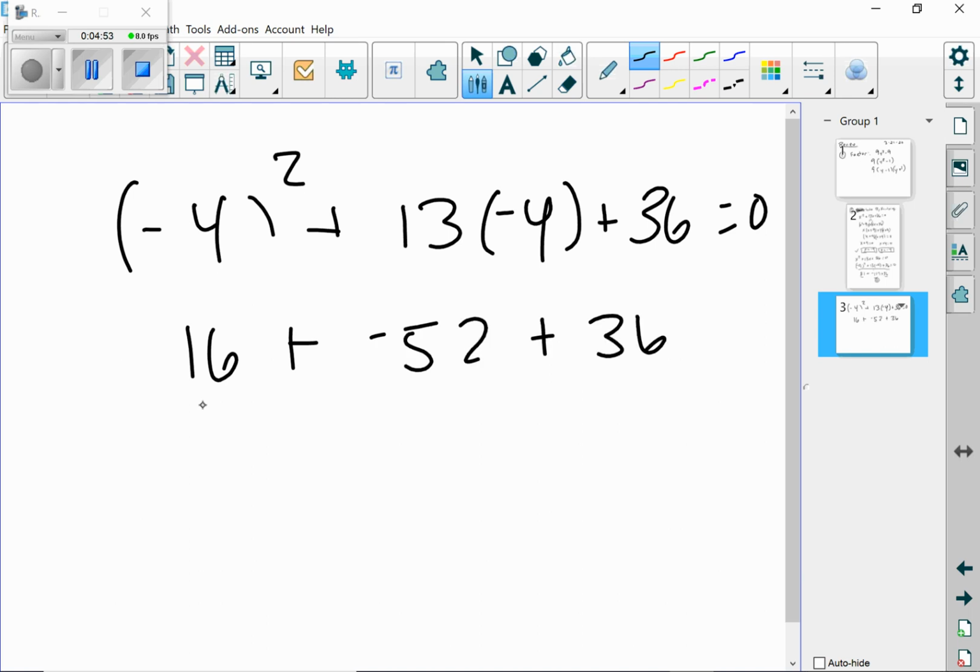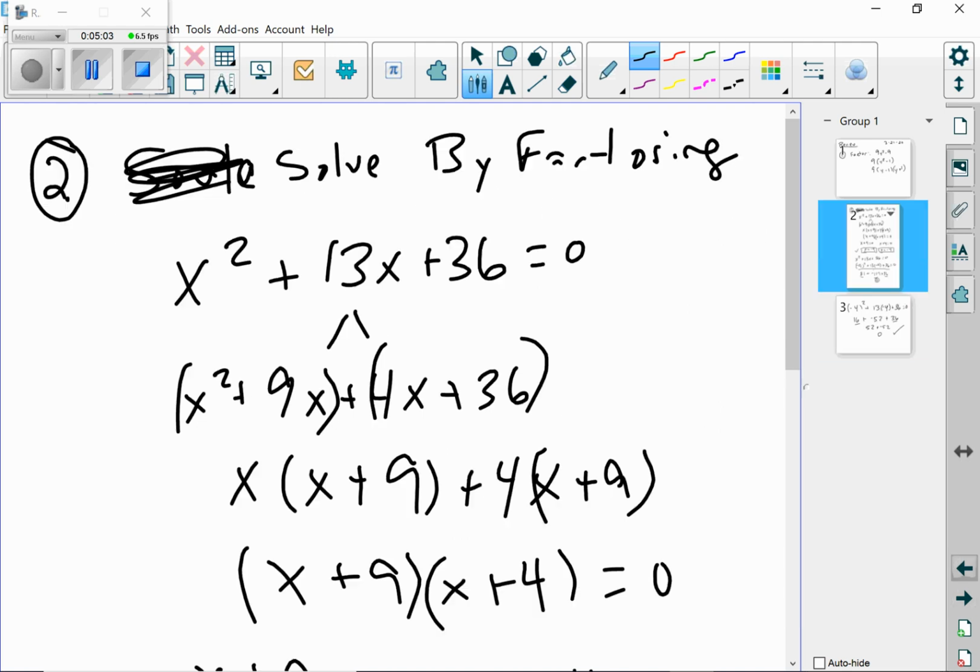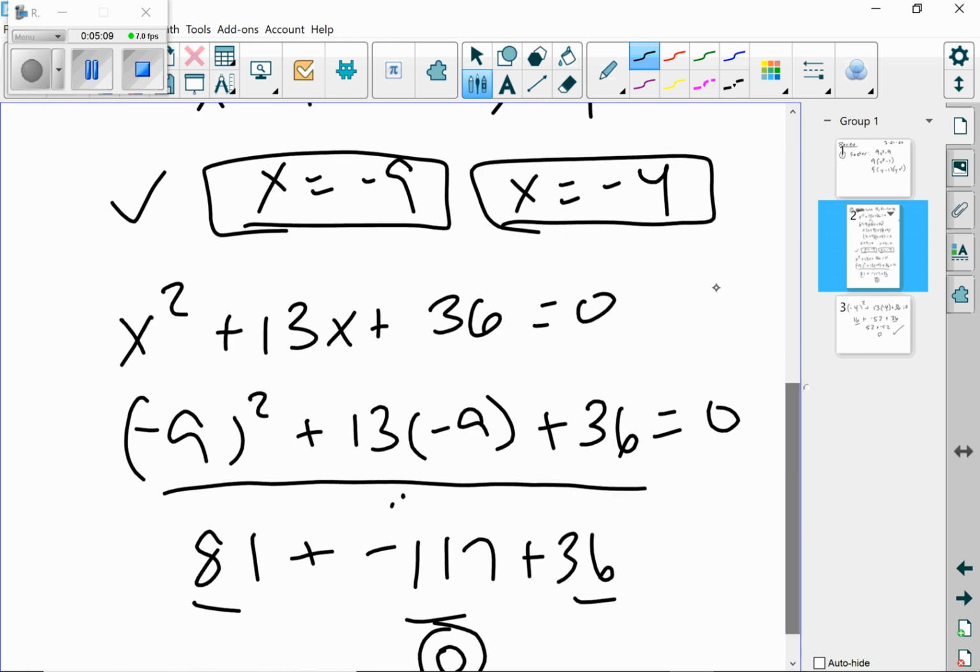That's 52 plus negative 52, which makes 0. So this works, and our negative 4 answer also checked. That's solving by factoring. You've done that for a while.